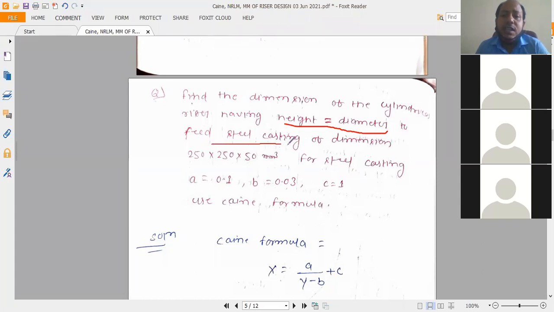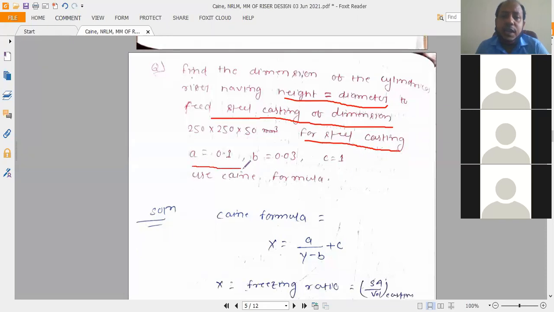To feed the casting of dimension 250 x 250 x 50 mm cube. Sometimes it is in centimeter cube, then it is a 10 times decrease, but it is given in mm cube. So the volume of the casting is given. It is a steel casting, so a is equal to b is equal to c, and c is given.